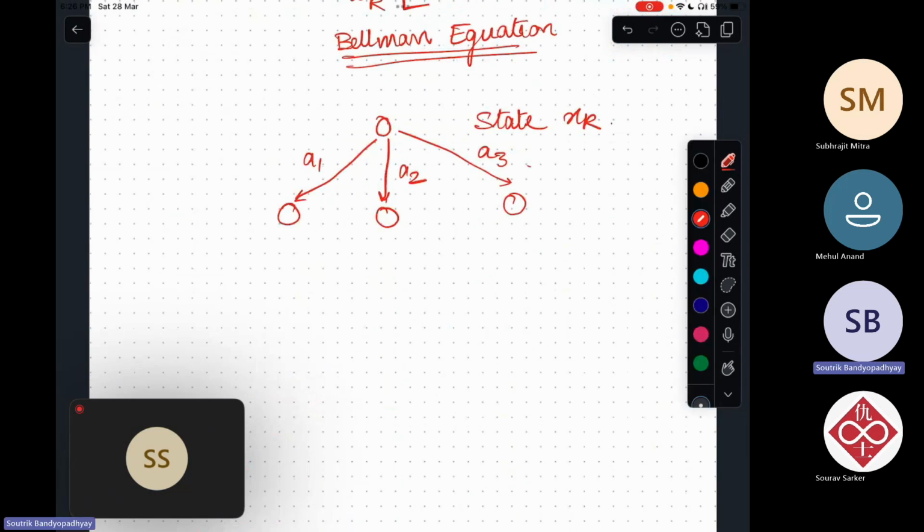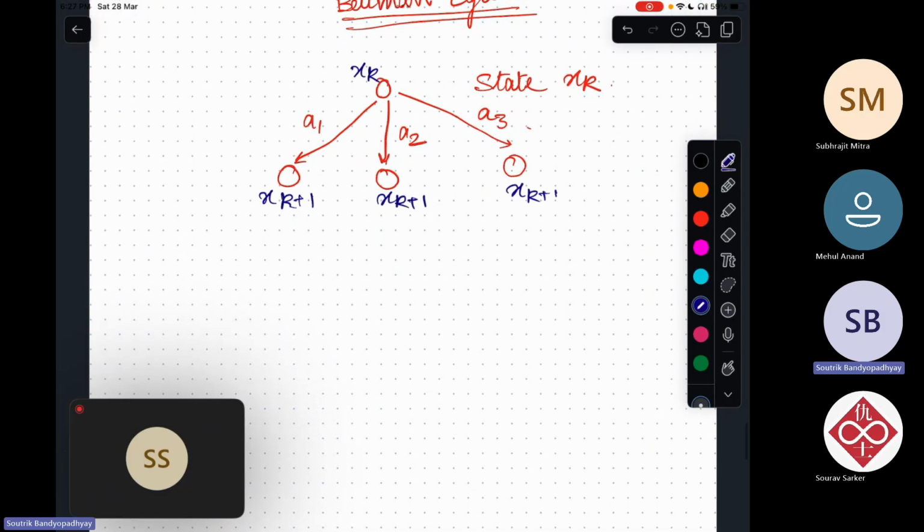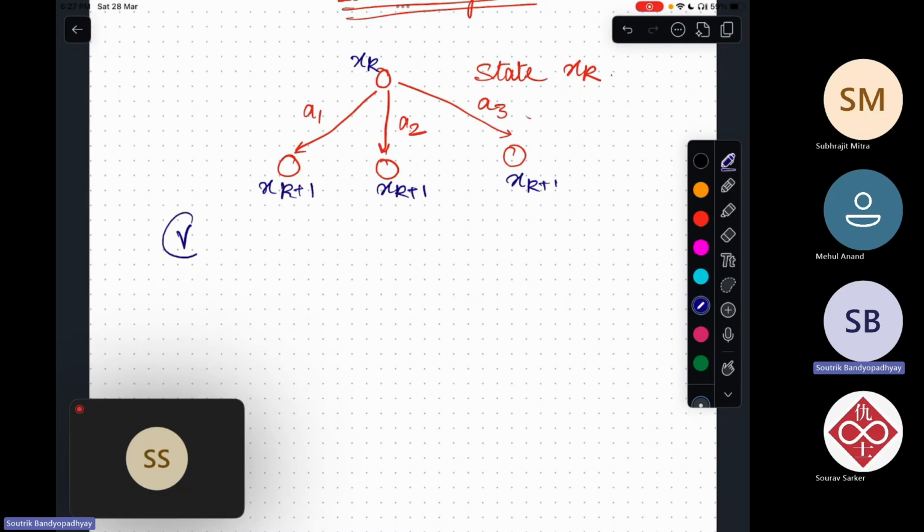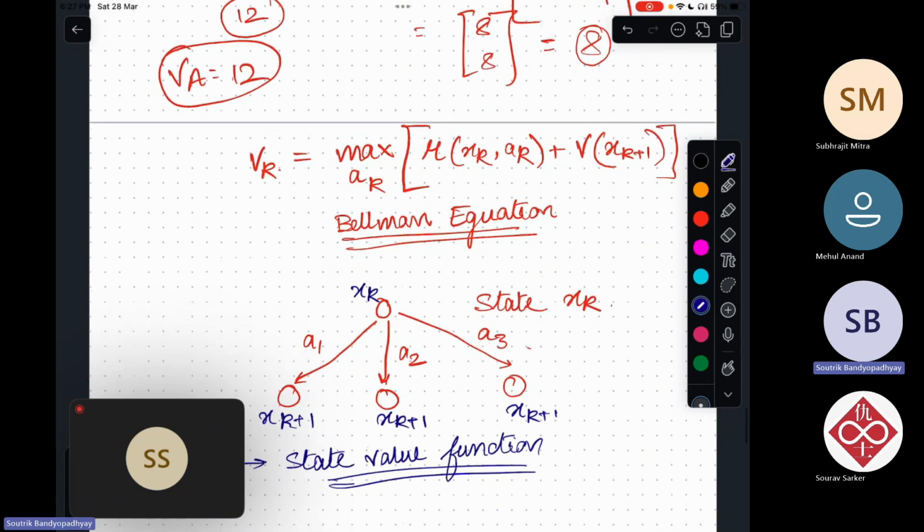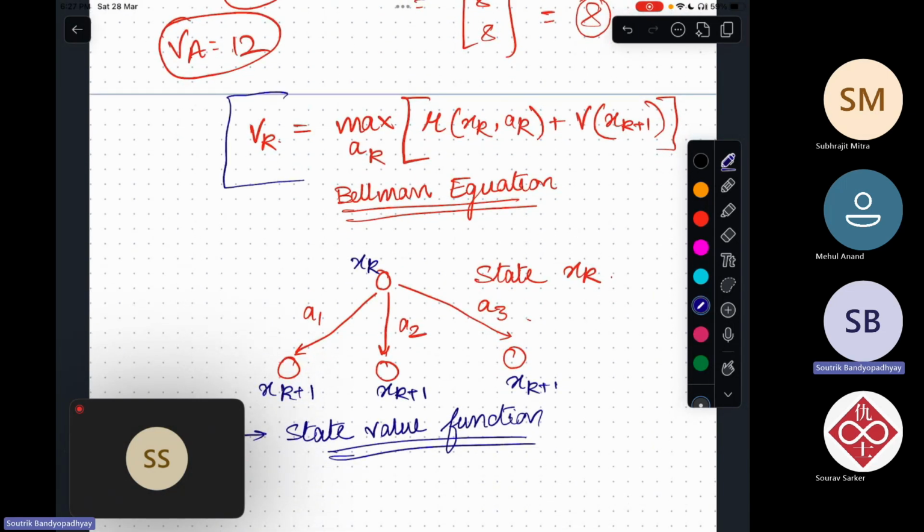So this is state xk, and these are xk plus 1. This value function V is known as the state value function, and the Bellman equation corresponding to it is this one.